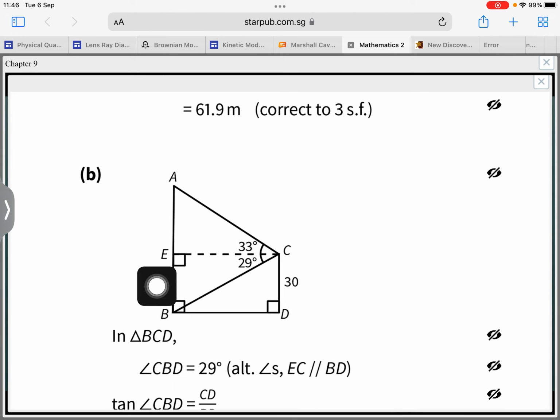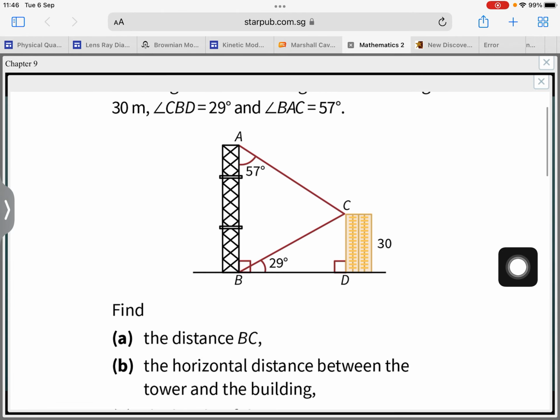But the key thing is I know this is 30, and I want to find AE. I know this is 33 degrees. I need another side, either AC or EC. Which are the sides that I know? I don't know AC, but do I know EC?